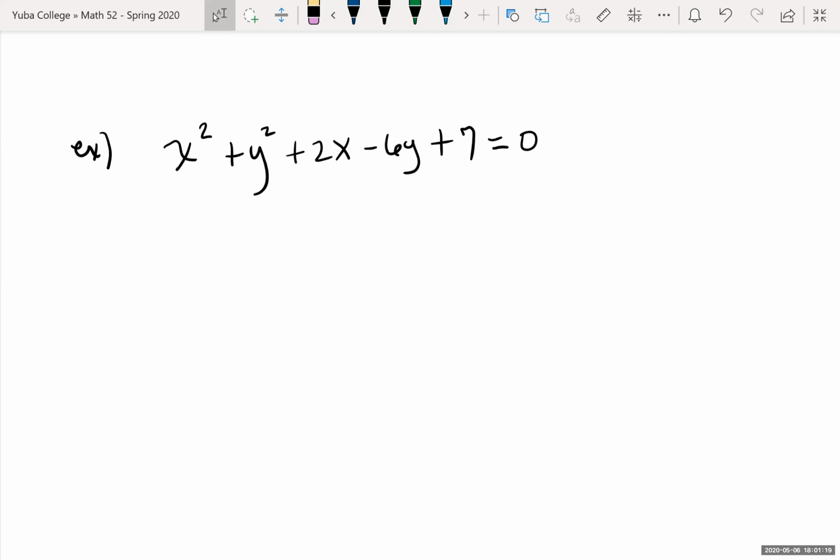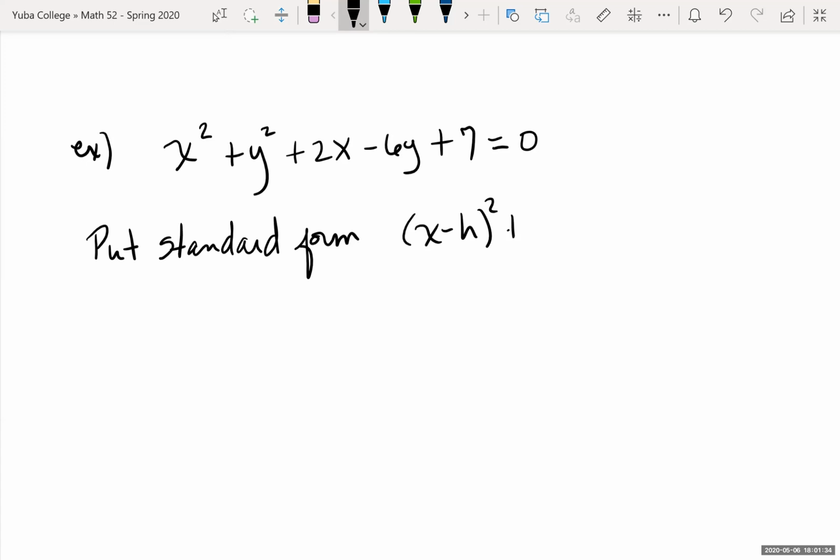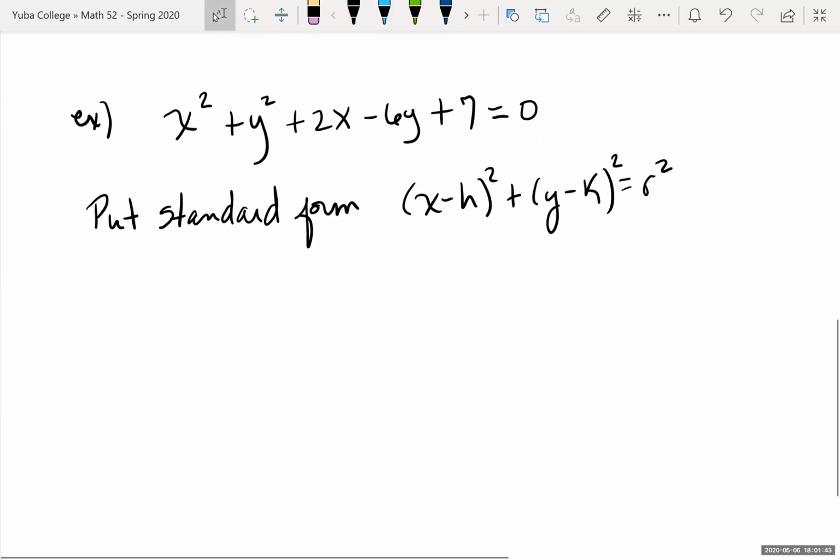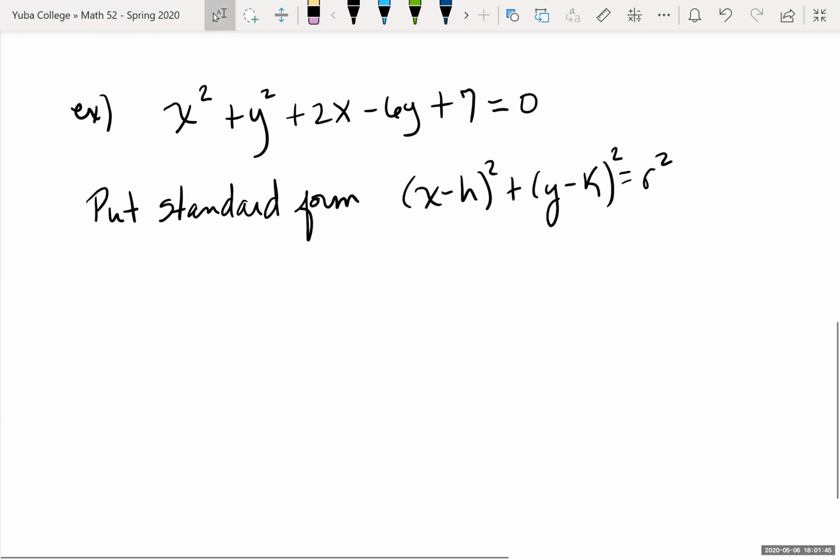Okay, so we want to put this in standard form so that we can graph it. So first step, we want to group our x terms together, we want to group our y terms together, and we want to get our constant to the other side.